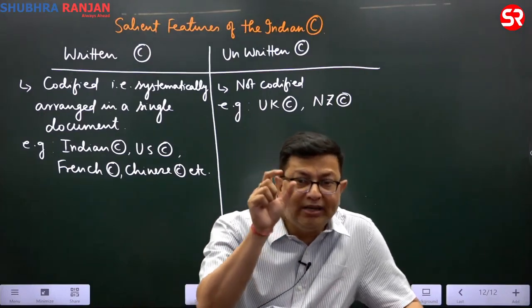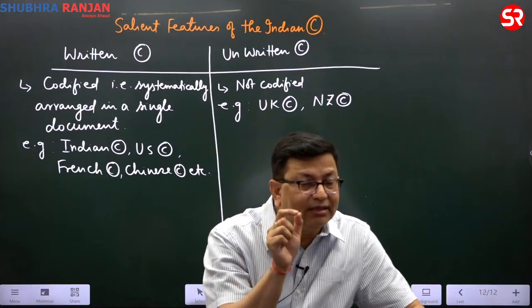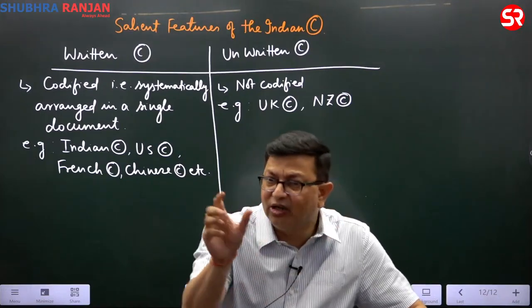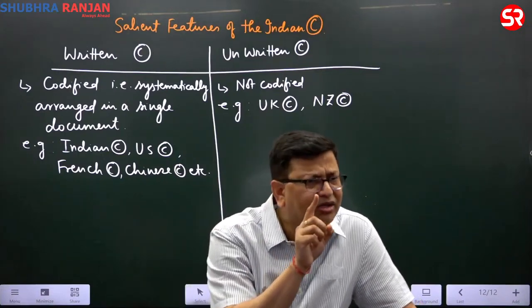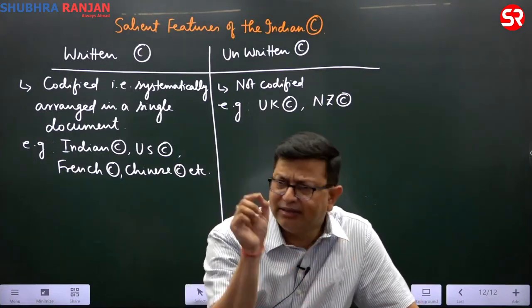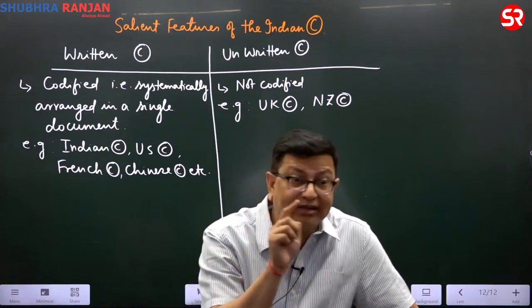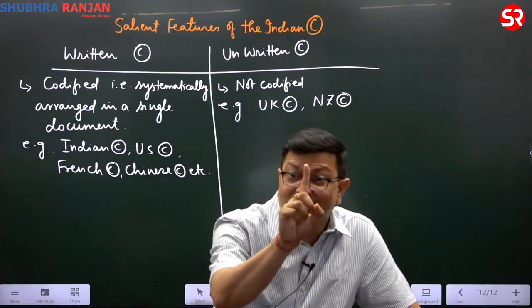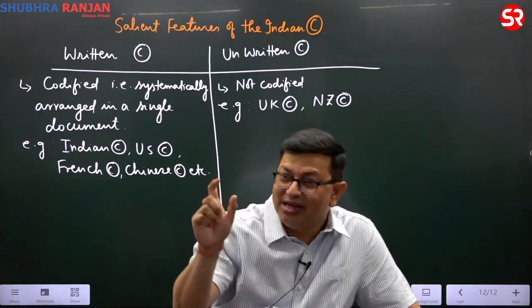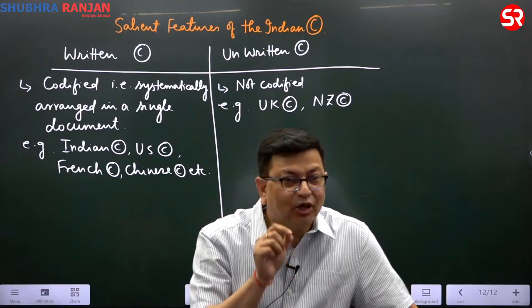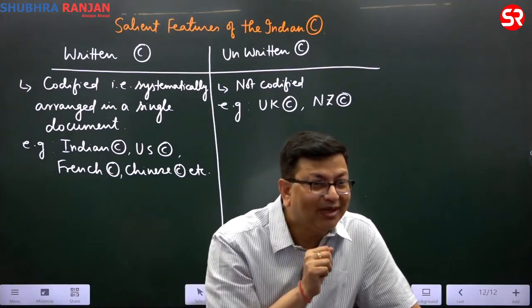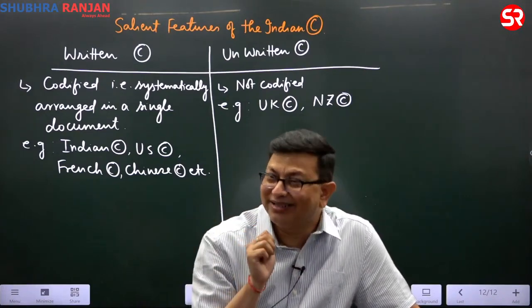So one document can be termed as the Constitution of this country or that country. But in an unwritten constitution, it will not mean that the things have not been written down. They have been written down, but not in one document. Different statutes are there. Statutes means law books, that is, the laws made by the parliament.